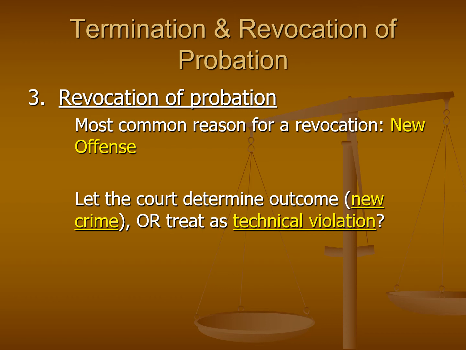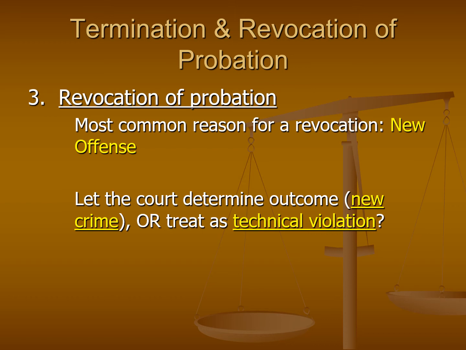So that's one approach. So one path is that the probation officer can say, okay, we're going to hold back and we're going to let the courts determine whether or not charges are filed, and then what happens if they are, to see whether or not this individual really has committed a new crime. Or do we simply treat this suspected new offense as a technical violation?